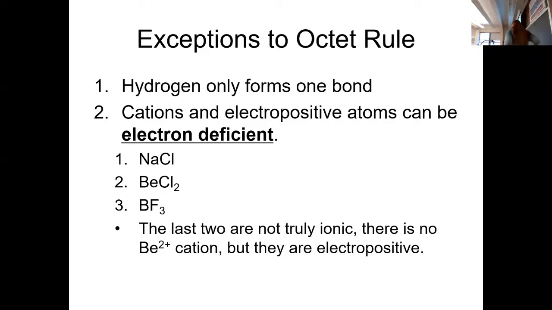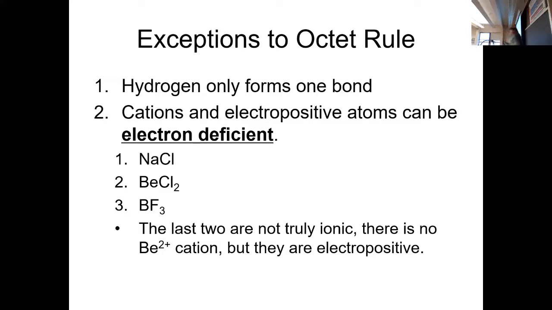And so we said that with ionic bonds, there's some covalency. So even though beryllium is technically a metal and boron is a semi-metal, they're not truly ionic interactions. There isn't really such a thing as a beryllium 2+ cation. We can't separate that out from other things the way we could with sodium chloride by dissolving it in water.